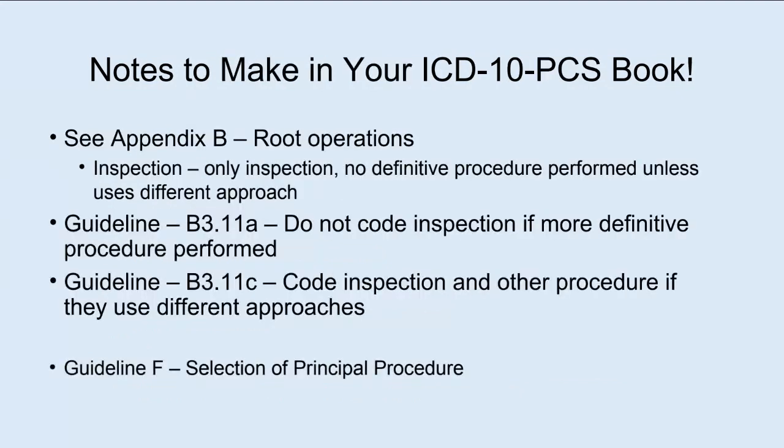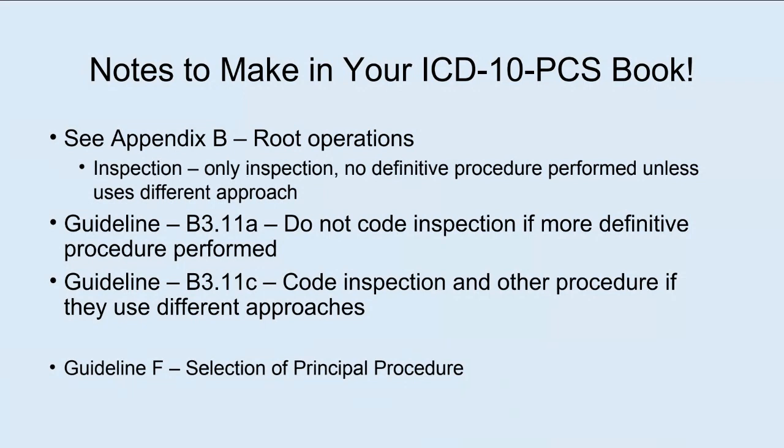Okay, in your PCS book, you can also make some notes. Under root operation, in Appendix B, under inspection, make a note that this is only looking around. If something is done like that polypectomy we talked about earlier, then you're not going to use inspection unless each one is done with a different approach.